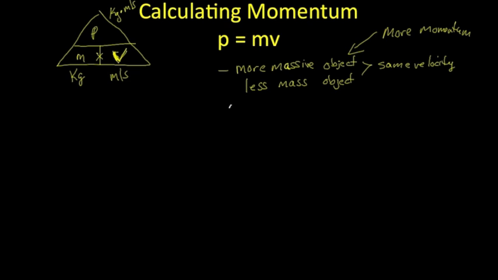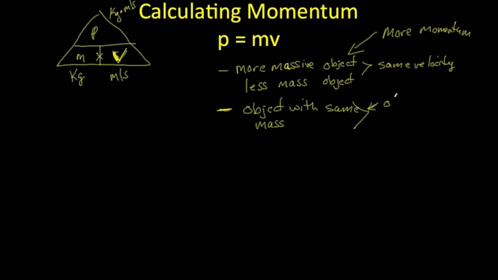Okay? Now, if we have objects with the same mass moving at different speeds, the object with greater speed will have more momentum.